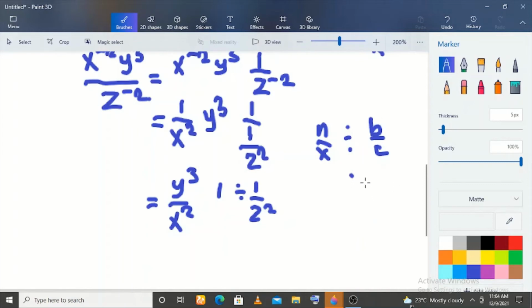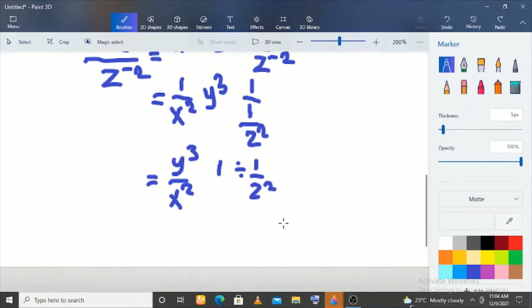So when you change this to multiplication, this one will go up, and then you put b down. And then you maintain your n over x. So this is the principle that we are also going to use here. So now you are going to have y.